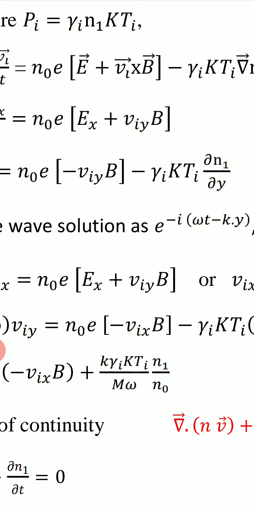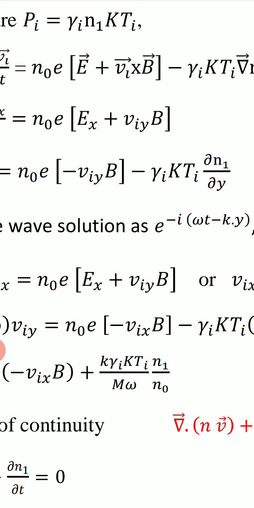X component of E vector is Ex and x component of V cross B can be determined by making a determinant. In the determinant, we write first row as i, j, k. In second row, we put the components of V vector, that are Vix, Viy and Viz.